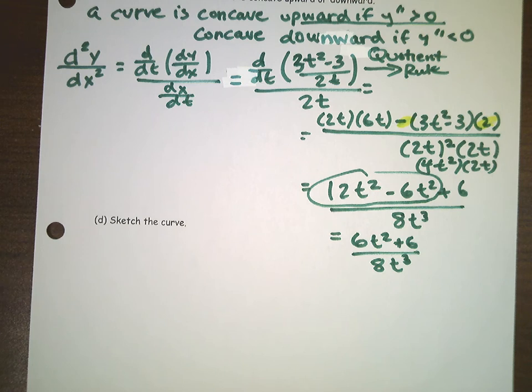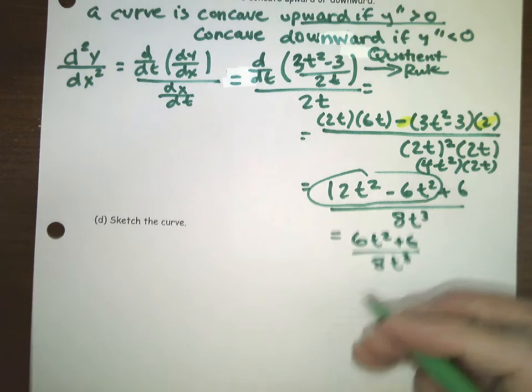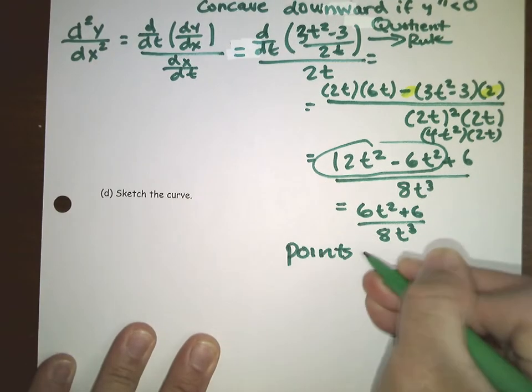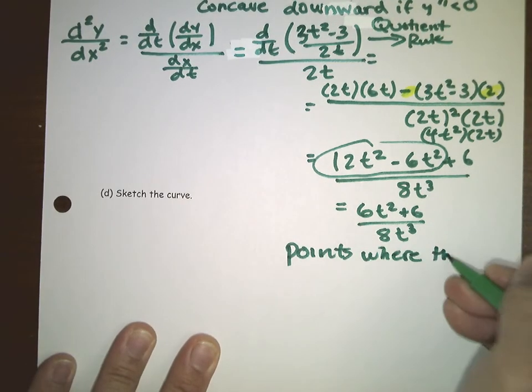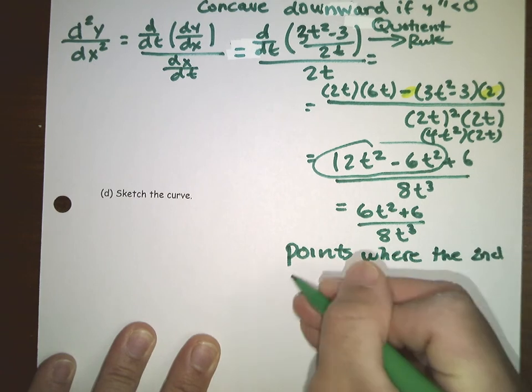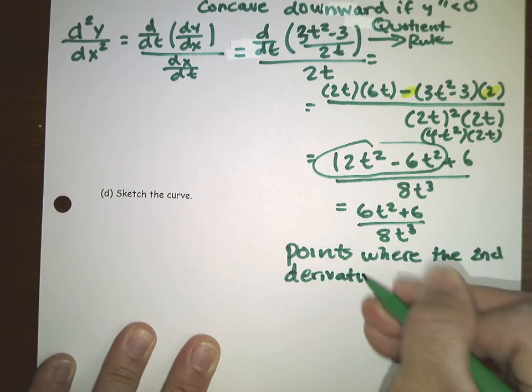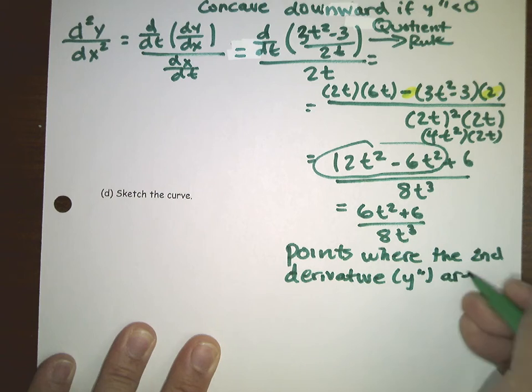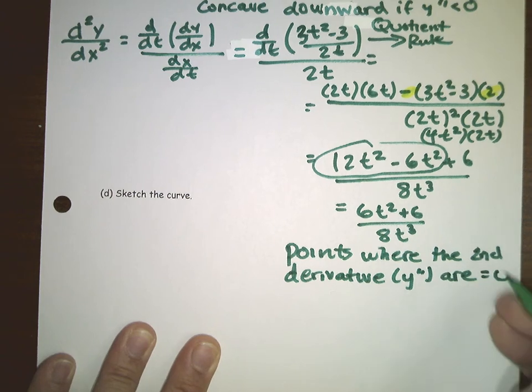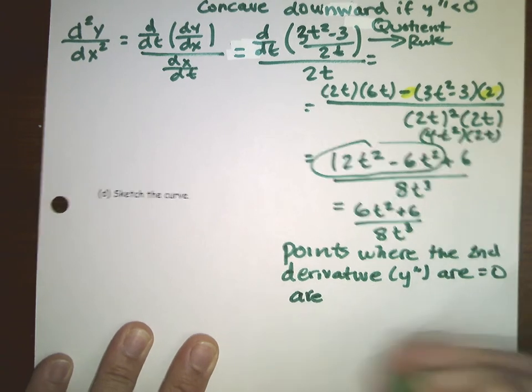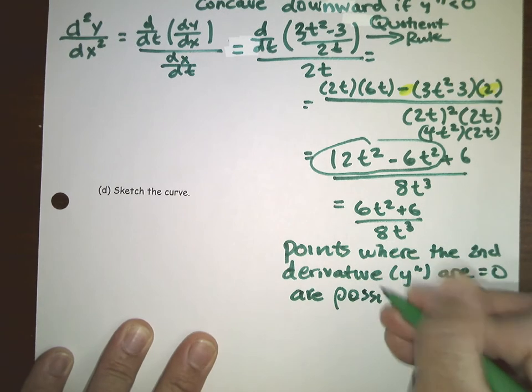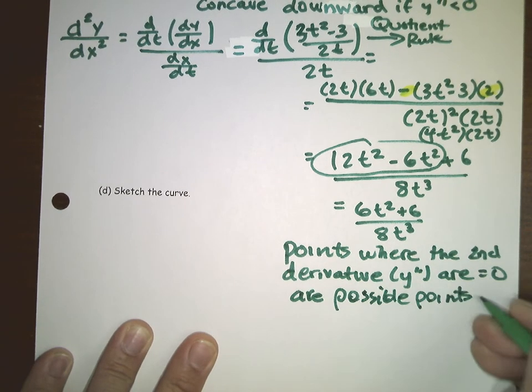Points where the second derivative, y double prime, is equal to 0 are the possible points of inflection.